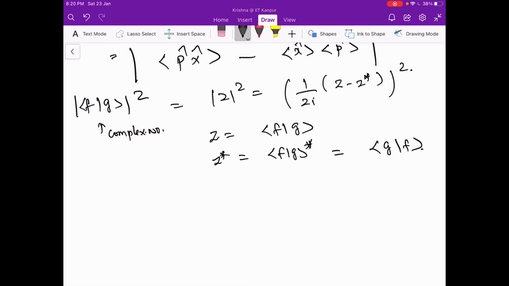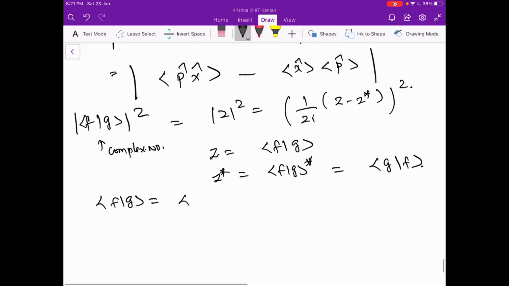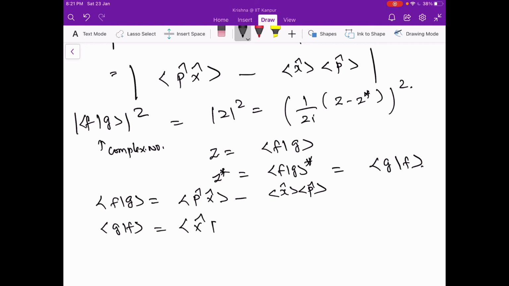And I found to be, and gf can be just the opposite of this, right? Because they are the same. These are just numbers, so it does not change, right?